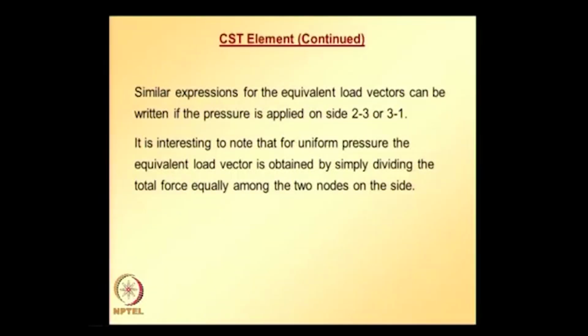The total load can be divided into two parts and assigned to each of the nodes, instead of carrying out all this integration, because the traction is uniform and not a function of x and y. So, this is how the equivalent nodal load vector can be evaluated if tractions are specified.